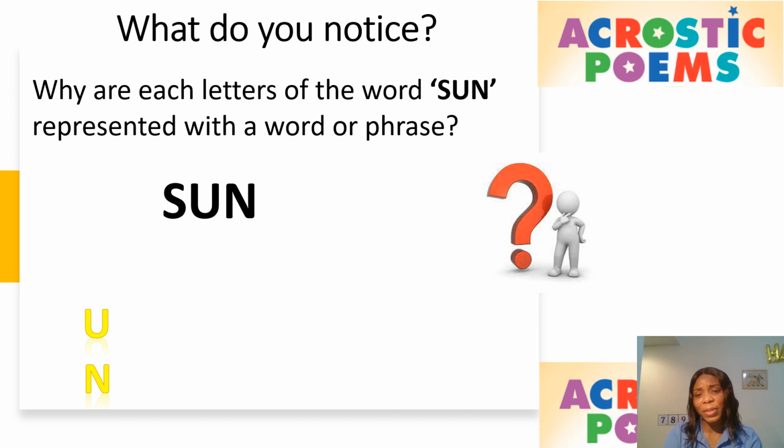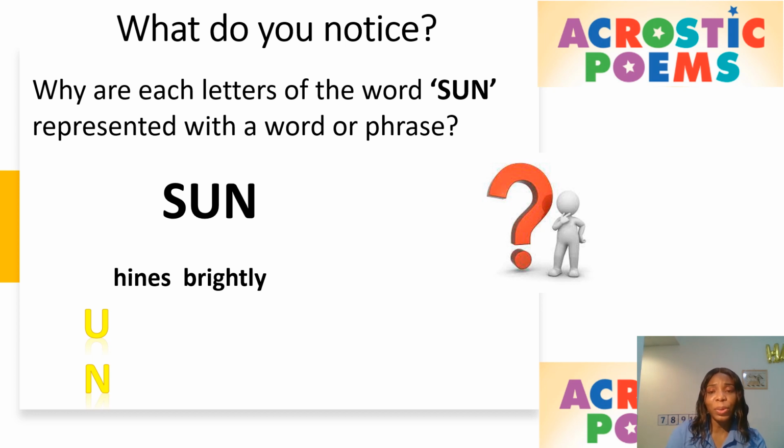Now take a look at the screen and tell me what you notice. Ask yourself why the letters of the word sun are represented with words and phrases. What do you notice, guys? What do you observe? You can see the letter S is represented with a phrase, shines brightly.